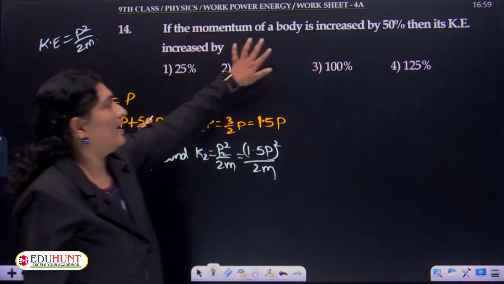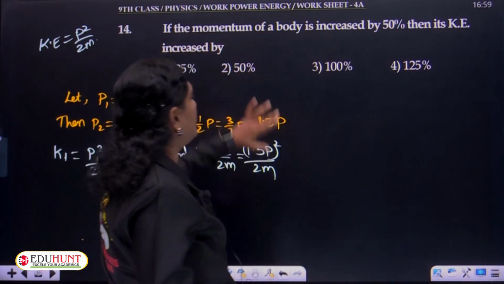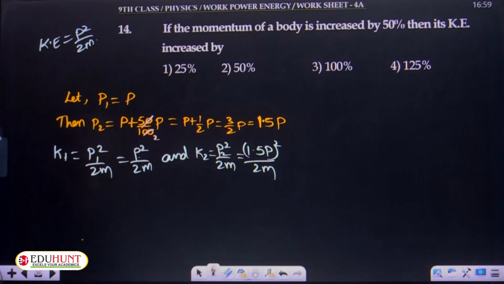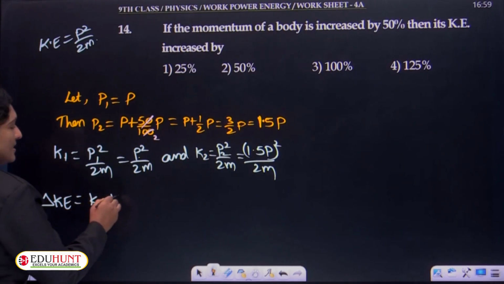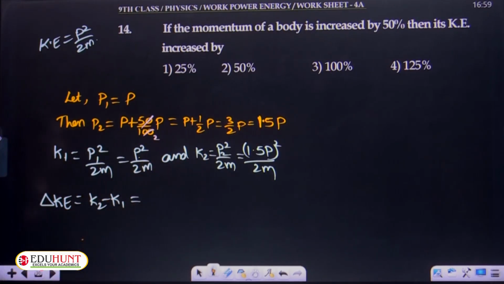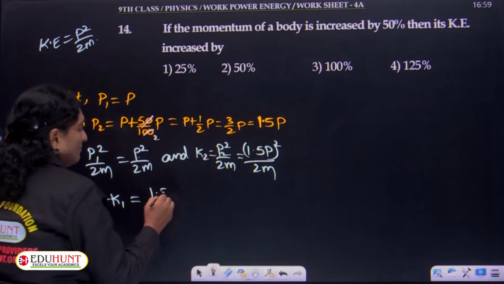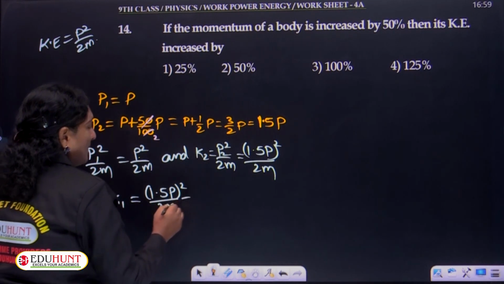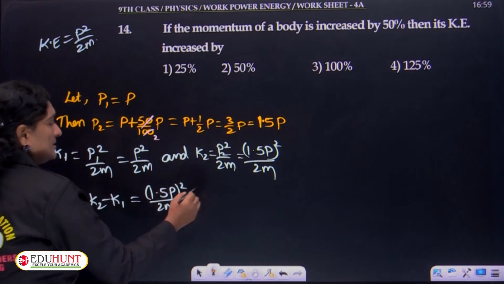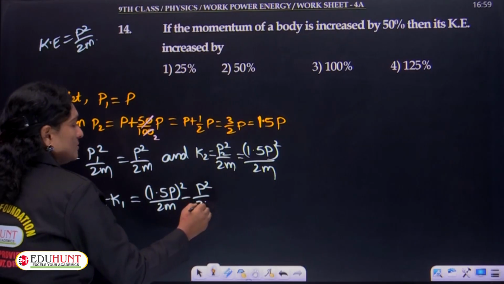You are asked to find the change in kinetic energy in terms of percentage. Then change in kinetic energy is equal to final kinetic energy minus initial kinetic energy. How much is that? 1.5P whole square by 2M minus, previous K1 is P square by 2M.